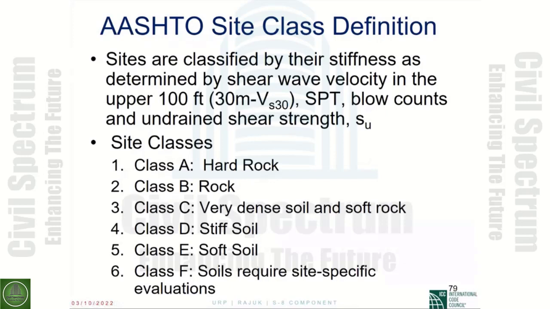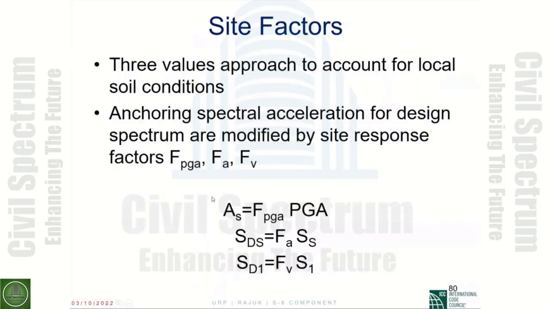So these are the site classes we have, from A to F, and once you are in F, or you want something specific, you want to hire a geotechnical engineer to help you with that site. Most of the time we use between C and D, and that will give you the values to account for the site factor.